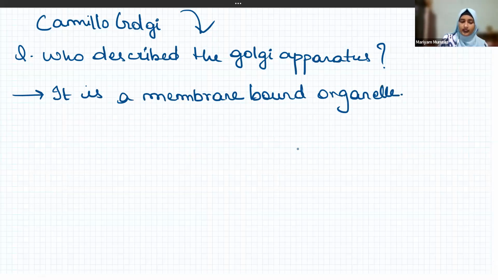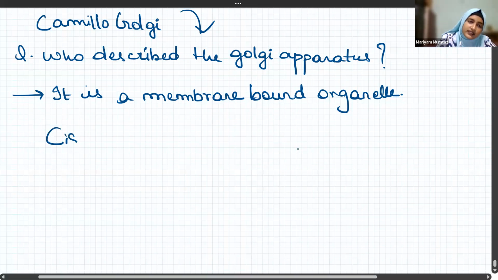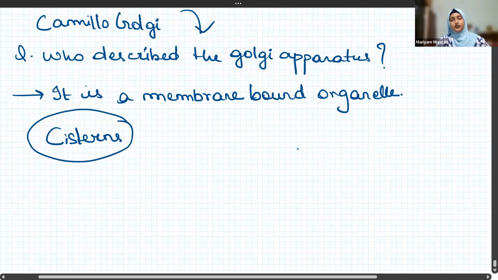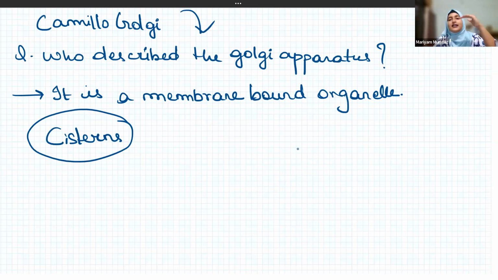Moving forward, it is made up of stacks. So many stacks constitute one Golgi apparatus, and those stacks are known as cisterns. Cisterns are a stack-like structure, and they are membrane bound.